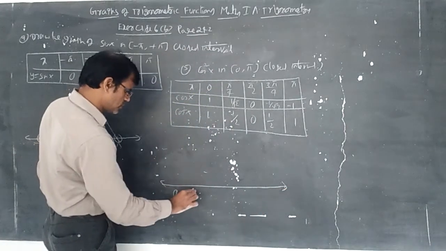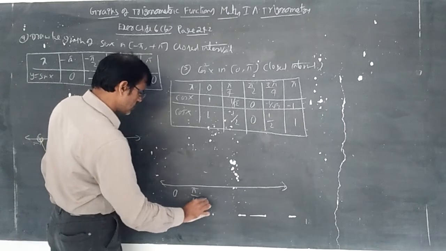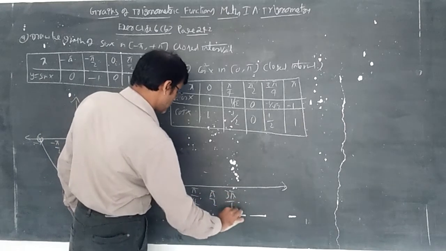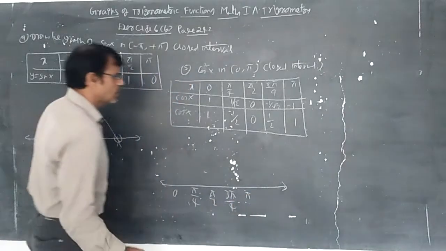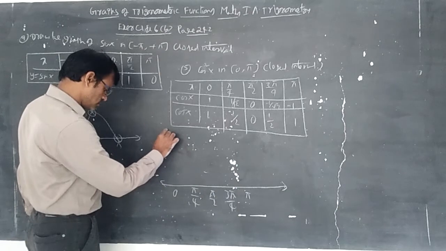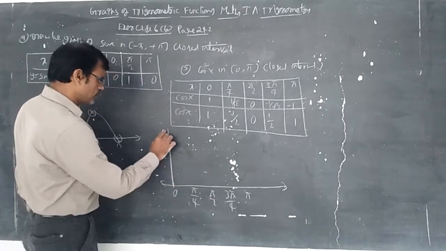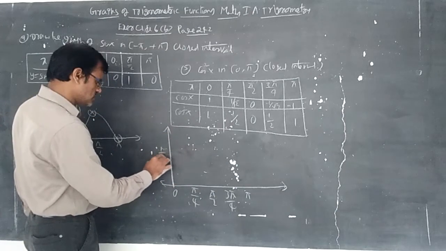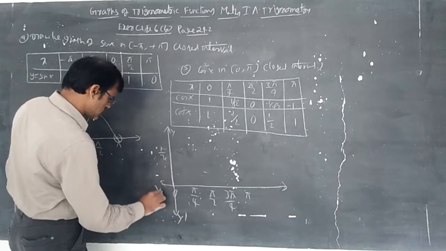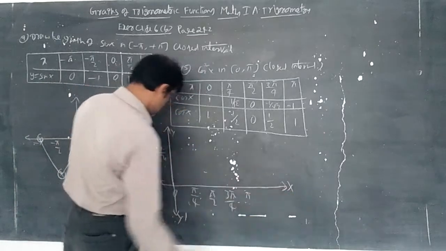Put 0 here and take the difference: pi by 4, pi by 2, 3 pi by 4 and pi. The values we get are 1, 1 by 2, 0, 1 by 2, 1. This is y dash, this is x dash and this is x.